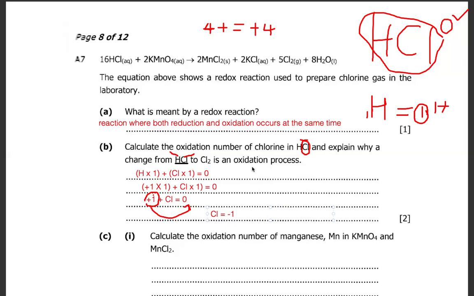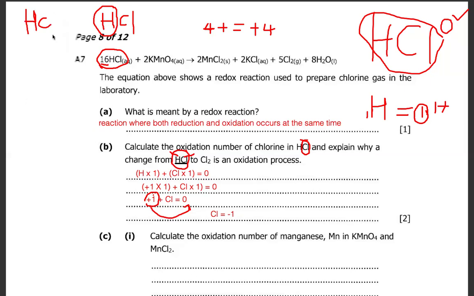Now, the other question says, why is there a change from HCl to Cl minus? So this thing that we have here has got hydrogen and chlorine. But now in the process, hydrogen is lost. When hydrogen is lost, we are calling it oxidation. And let's say we have 16 of them, but once one of them loses hydrogen, another one loses hydrogen.